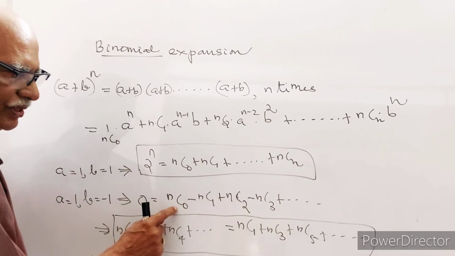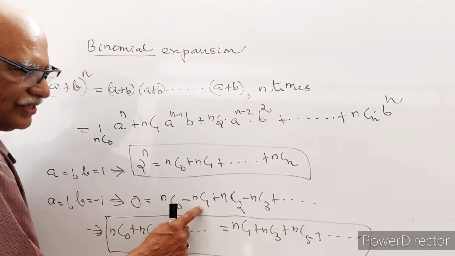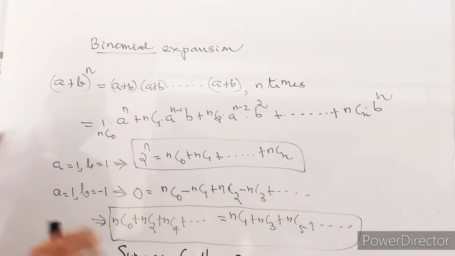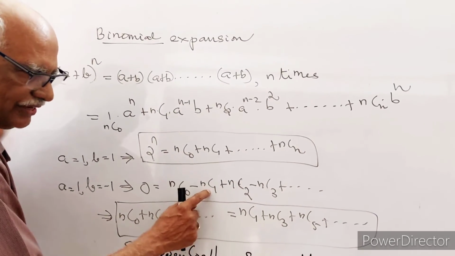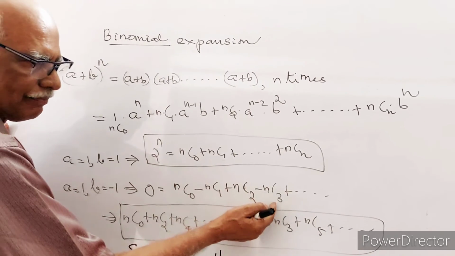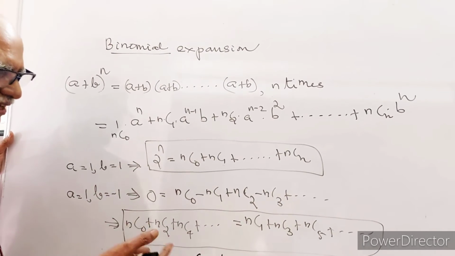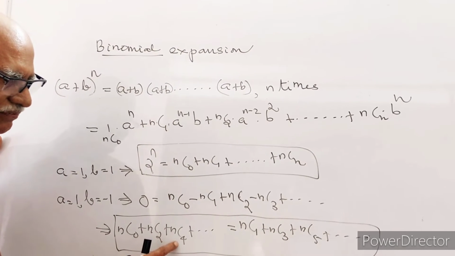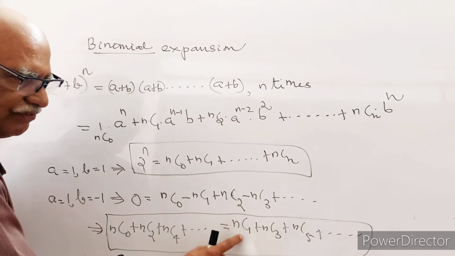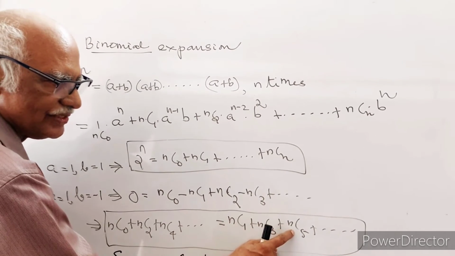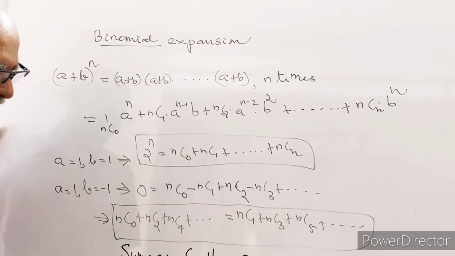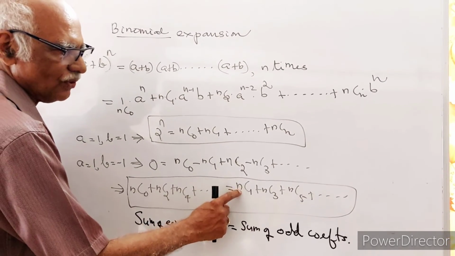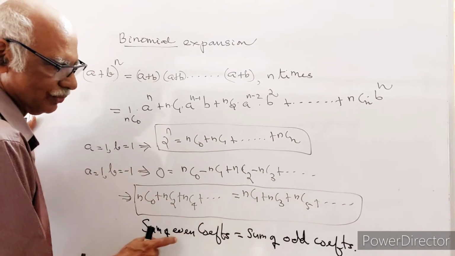So you see 0 equals nC0 minus nC1 plus nC2 minus nC3 and it goes on. Finally, minus nC1 and minus nC3 can come over to the other side, giving the result nC0 plus nC2 plus nC4 plus etc. is nC1 plus nC3 plus nC5 plus etc. Sum of even term coefficients equals sum of odd term coefficients. It's an important result.